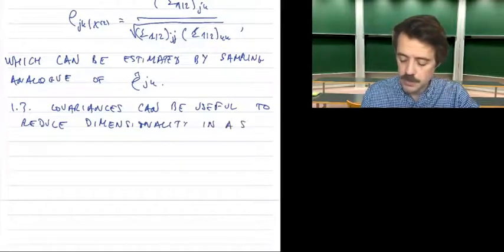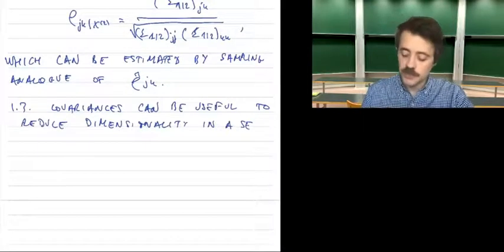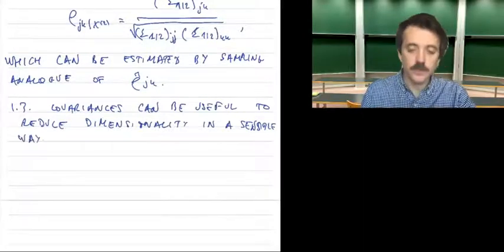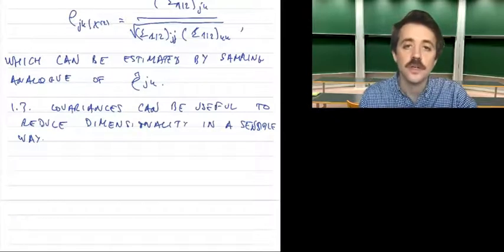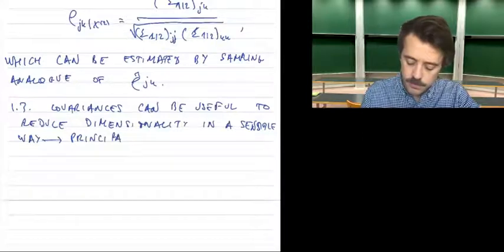And this is in a sensible way, because you could always reduce dimensionality by doing very stupid things. Okay, so let's go into details of what I mean by this. This is what we're going to talk about: principal component analysis.